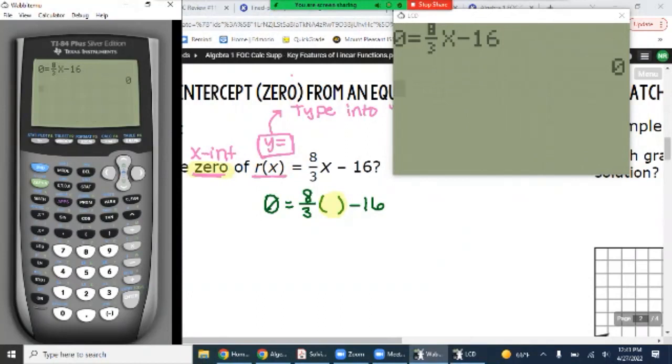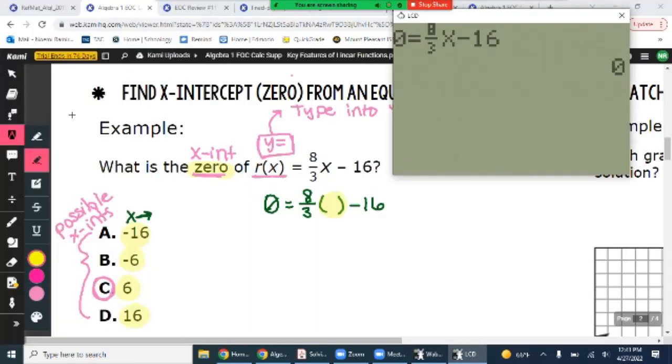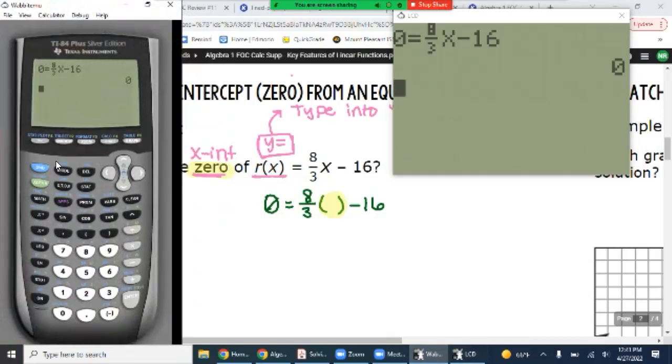Now I'm gonna go ahead and continue, but technically you're supposed to store the number first and then type the equation. My bad. So the first answer choice that we're given is what? -16. So let's store that now. -16, store is right above on. So you press that button, store, X.